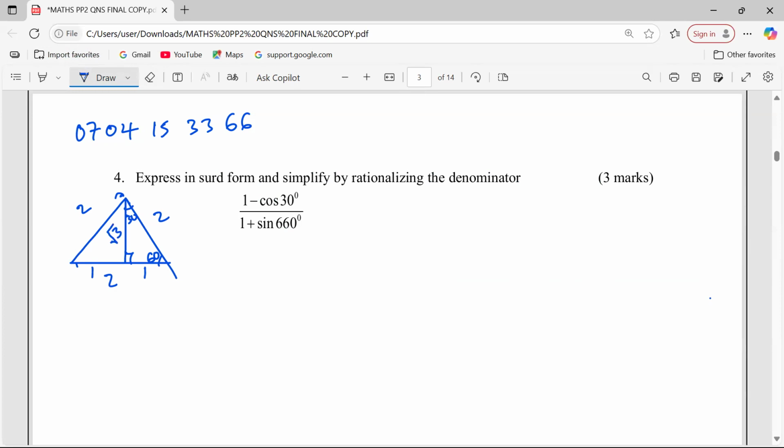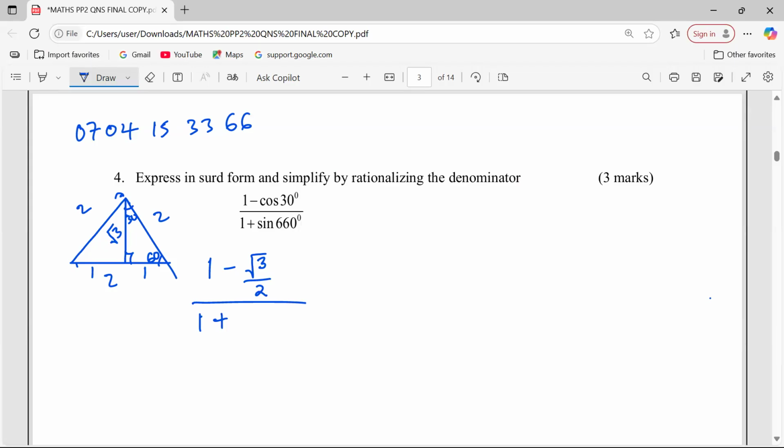That means we can now write 1 minus the cosine of 30. Cosine is adjacent over hypotenuse. Adjacent is root 3 out of hypotenuse 2. Divide by 1 plus the sine of 660.